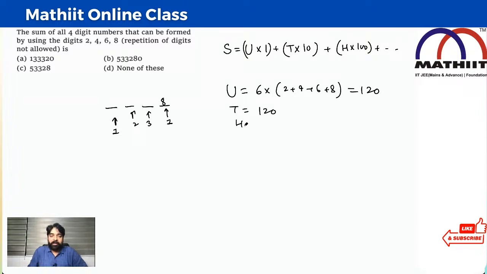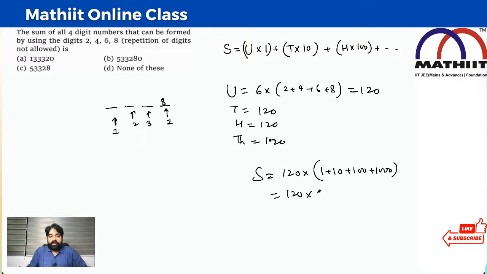The hundred place also 120 will come, and the thousand place also 120 will come. Your summation will be equal to 120 into, because I can take 120 common, 1 plus 10 plus 100 plus 1000. So this is going to be 120 into 1111, and whatever product comes will be your answer. I'm sure this point is clear.